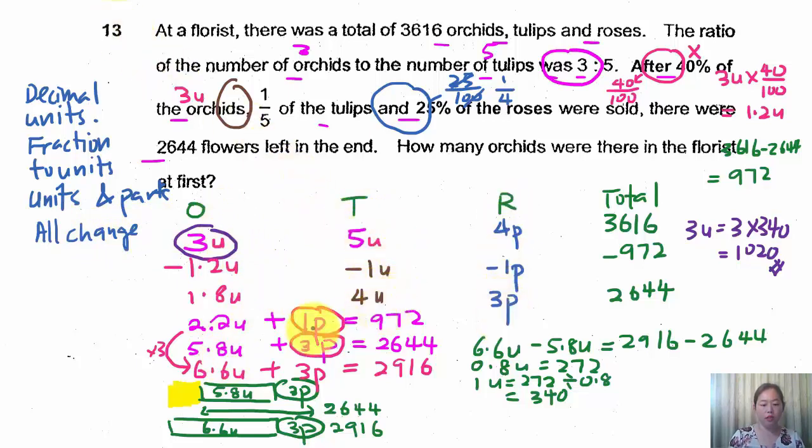We also learned that we have to make the part the same so that we can actually get the unit, and to make the part the same, we use elimination, where we eliminate the 3 part.